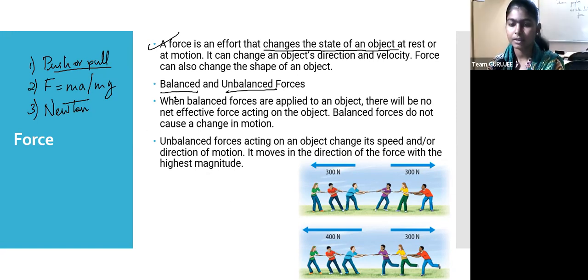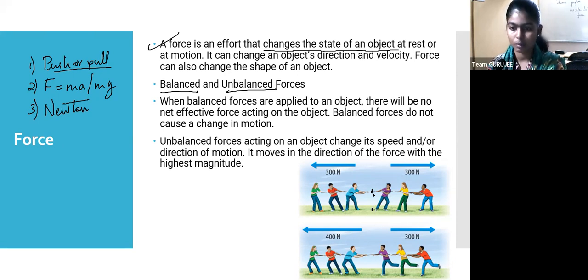Right? Okay. See, balanced forces are nothing but, consider that this picture is an example for that. When two forces are applied on the same rope, you take the rope as the object and the forces applied by these kids on the rope. When these forces are applied and the rope does not change its position, let's say this is the position, referred from this ground point, this point of the rope does not change because the force on both sides is equal.